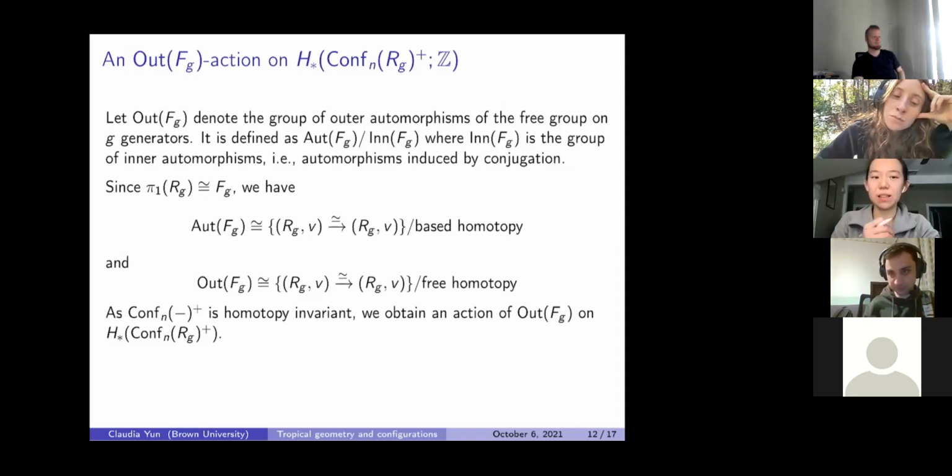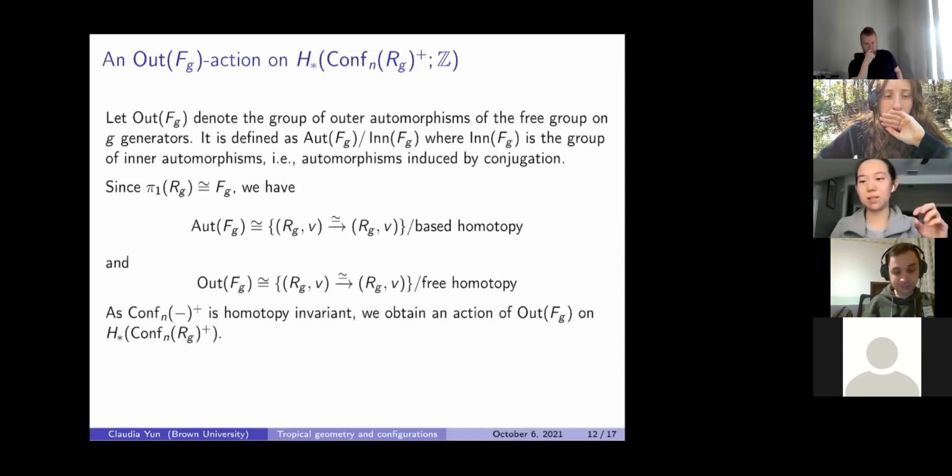Well, it turned out that the correct group to consider is Out of FG, which is the group of outer automorphisms of the free group on G generators. So by definition, it's the group of all automorphisms modded by the inner automorphisms of FG. And the inner automorphisms are all the automorphisms induced by conjugation, by sandwiching your element in conjugation.